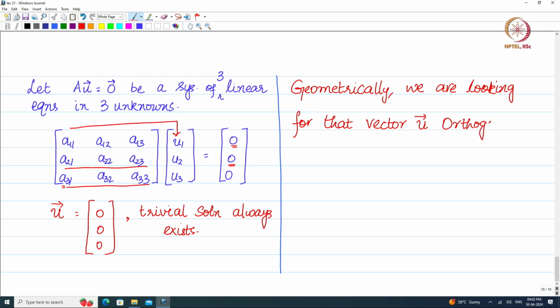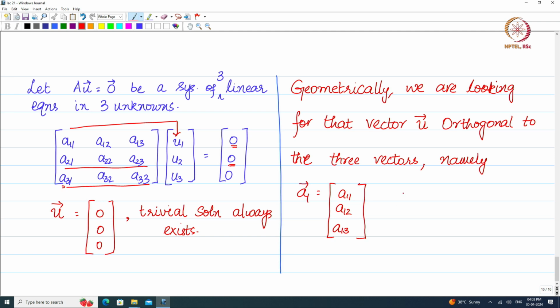So we want to look at that vector u which is orthogonal to the three vectors, namely a1, which is the first row vector, a11, a12, a13.